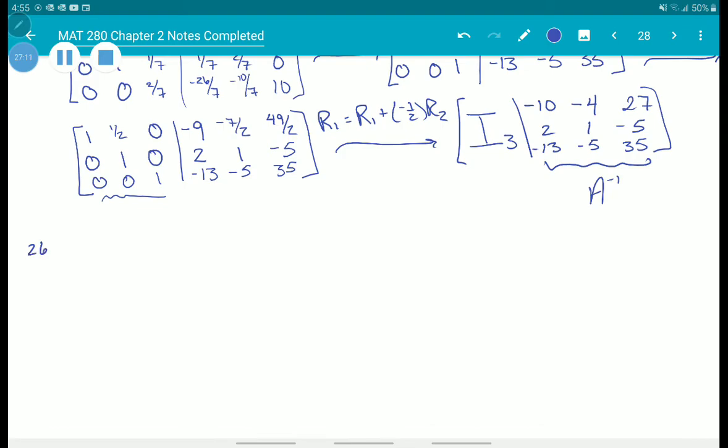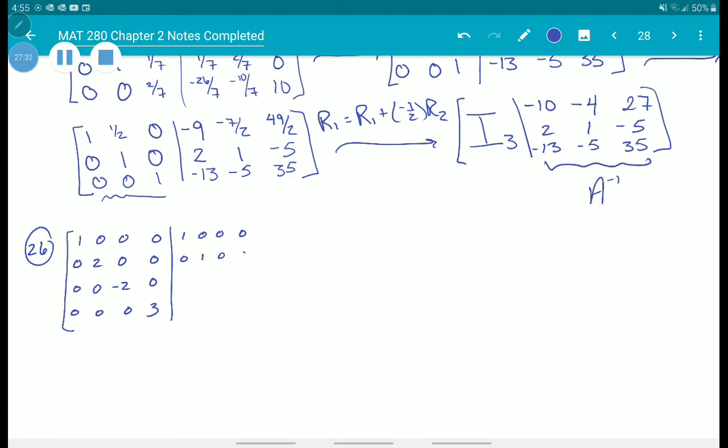Let's look at 26. So 26 is a diagonal matrix. And diagonal matrices are easy. So row 1, we're good.